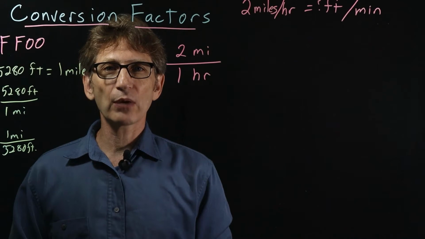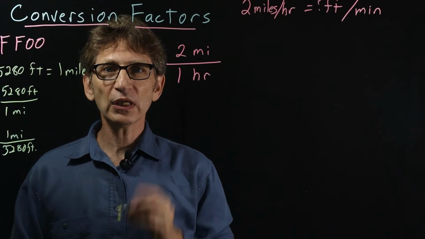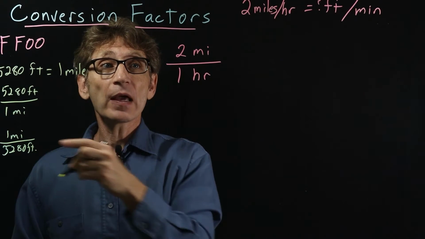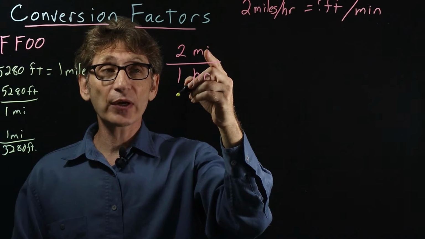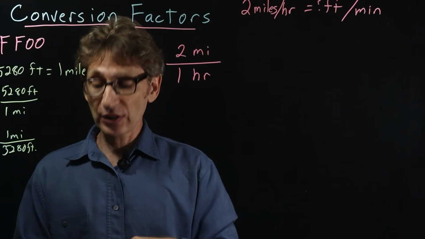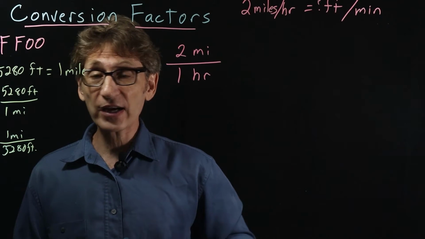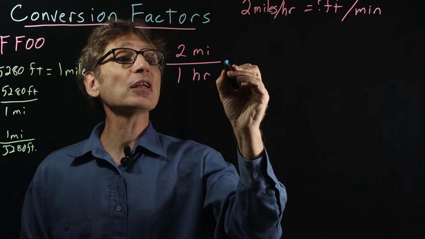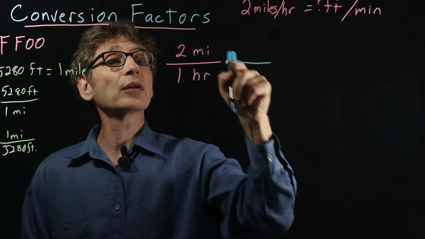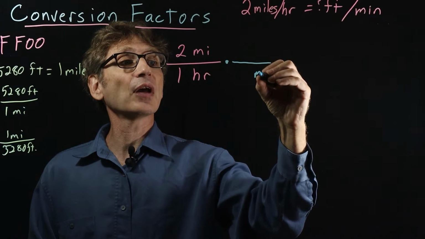Which one of these do I want to use? Yes, I want to use the first one because I see I have miles in the numerator here and I want to be able to cancel it out with miles in the denominator of the other fraction. So my conversion factor, I want miles in the numerator to cancel with miles in the denominator.